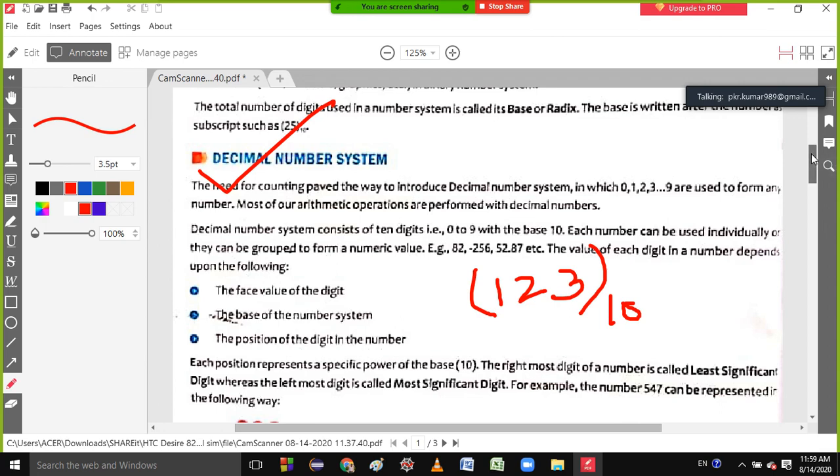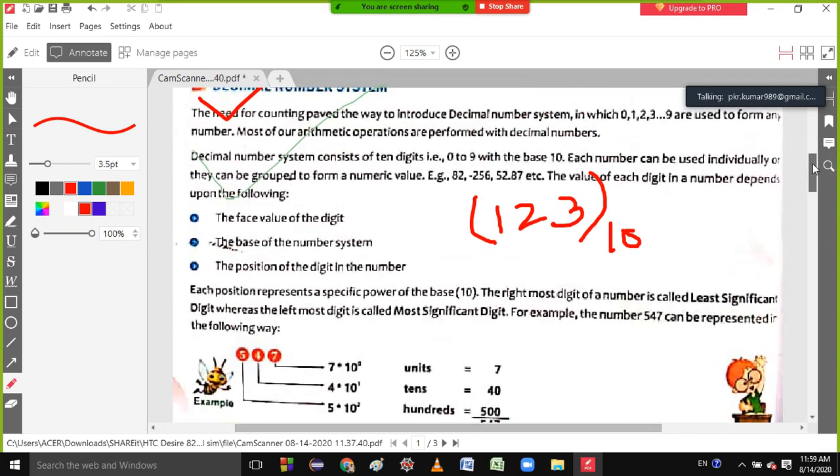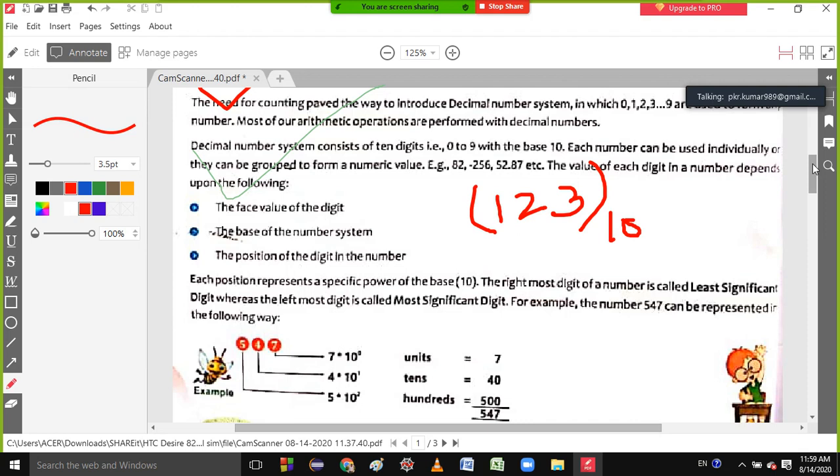Okay. So next, if someone asks you what is the most significant digit and what is the least significant digit. Okay students. Basically students, be very serious about this.